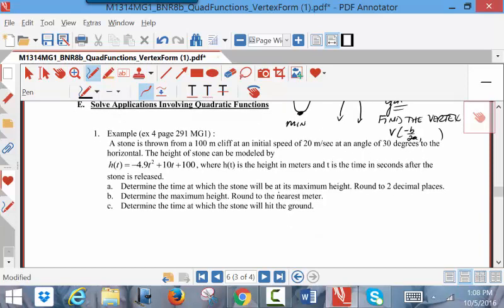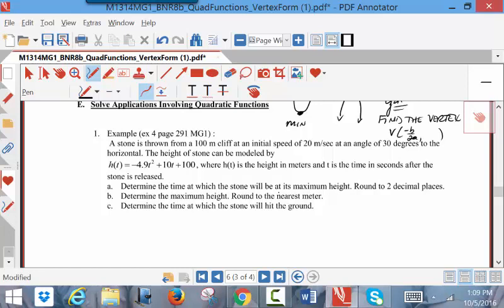These sound terrible. A stone is thrown from a 100-meter cliff at an initial speed of 20 meters per second and at an angle of 30 degrees to the horizontal. The height of the stone can be modeled by, oh my, look at that lovely equation. No panic.